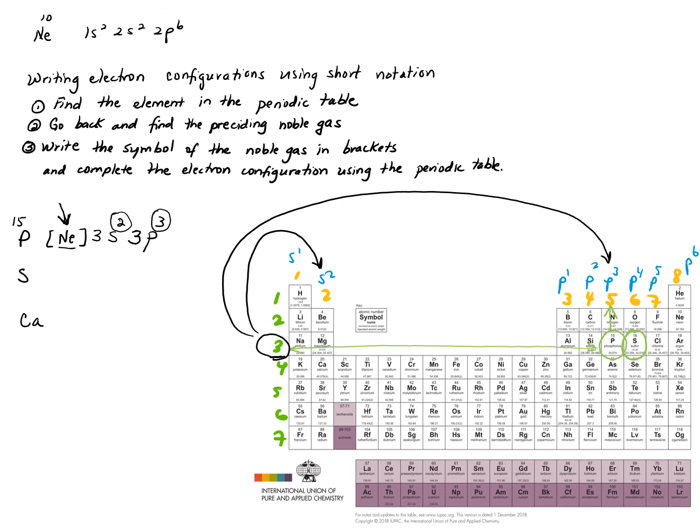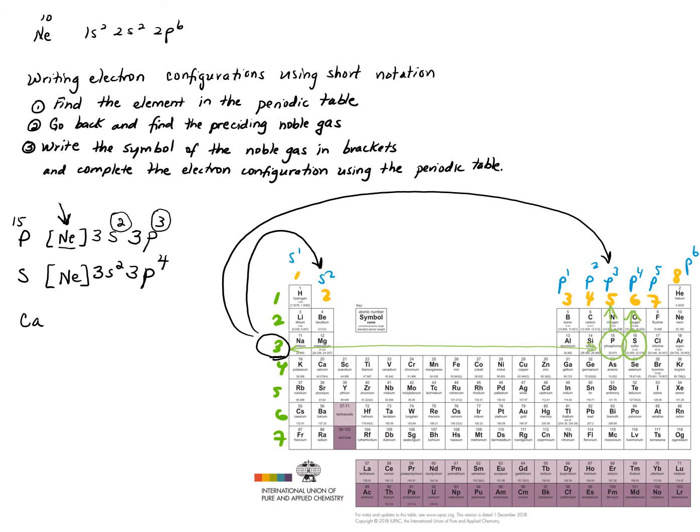So the noble gas that we're using again is neon, 10 electrons. Then after that we go to 3s2, and after that S, it's in group 6, and what we have for group 6 is p4. Since S is in the third period, that p orbital is on the third energy level, 3p4.